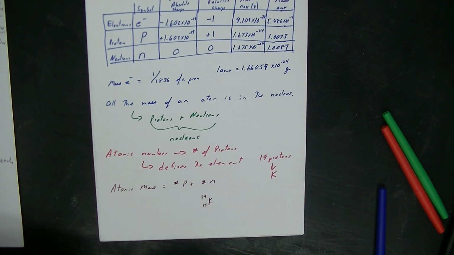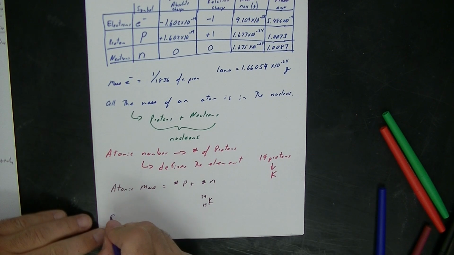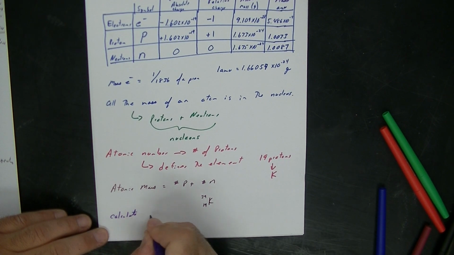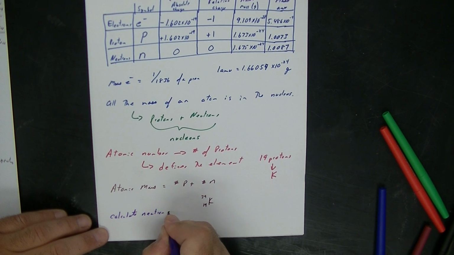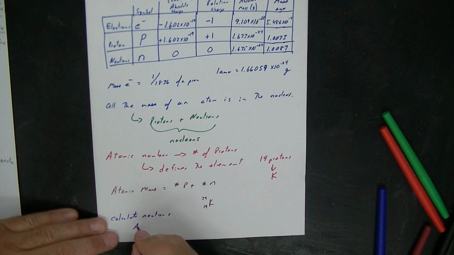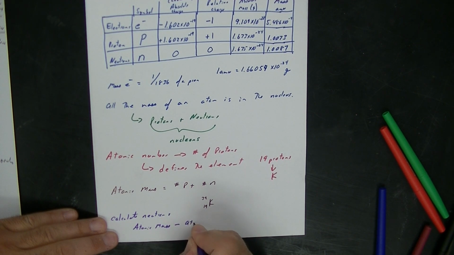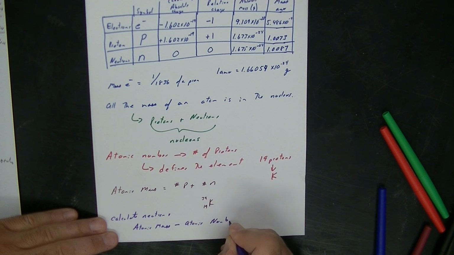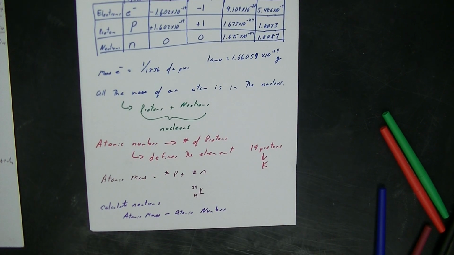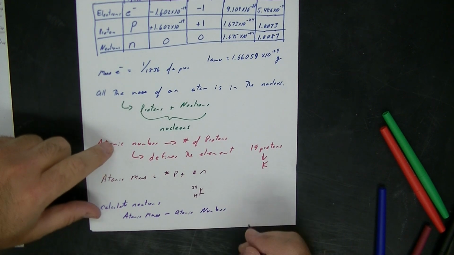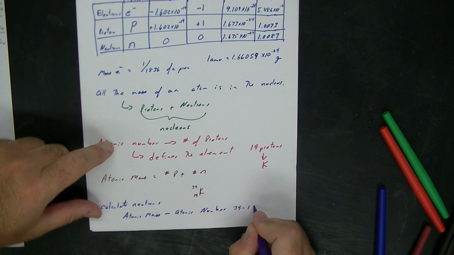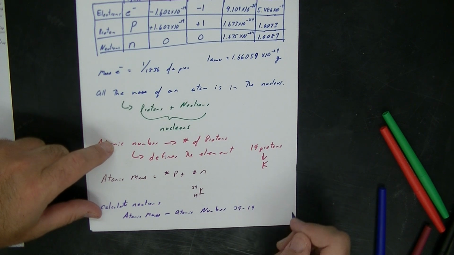So we can actually calculate the number of protons and neutrons right from here. So to calculate neutrons, if you remember, we take the atomic mass minus the atomic number. So for potassium, we would take 39 minus 19, and we would get 20 neutrons.